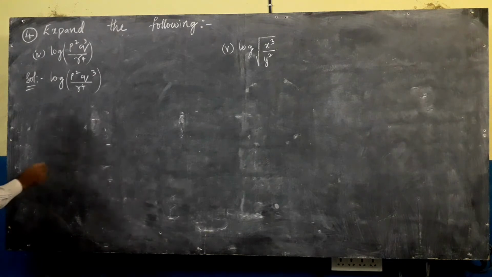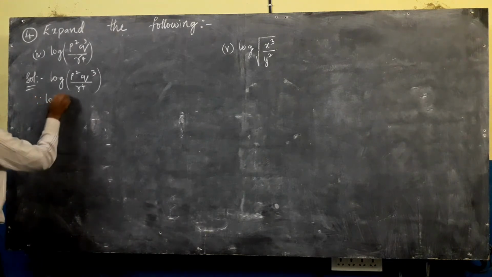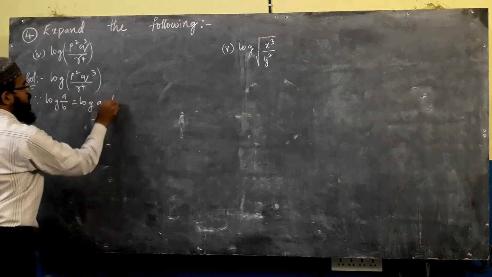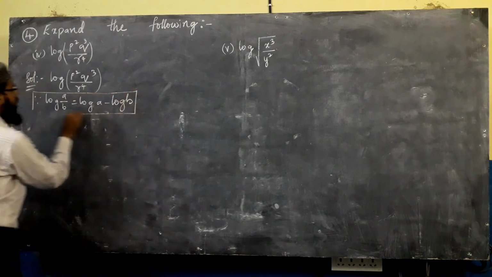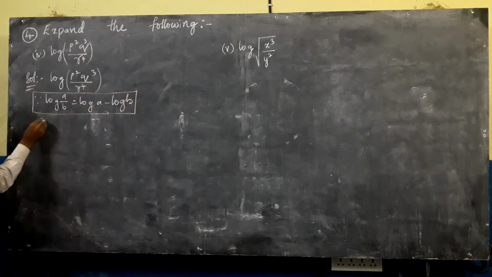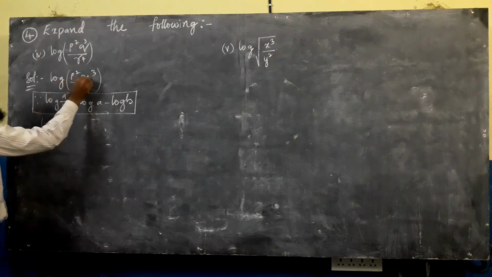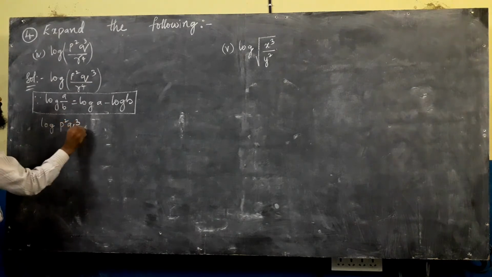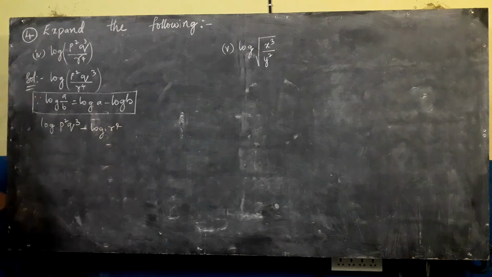First of all, we will use the formula log a by b is equals to log a minus log b. So log, here a is p square q cube. We can write log p square q cube minus log r to the power of 4.